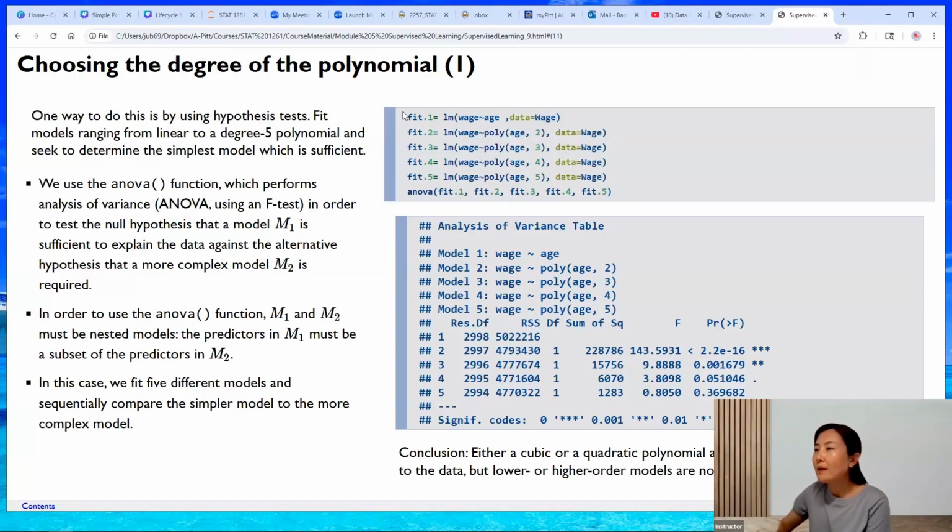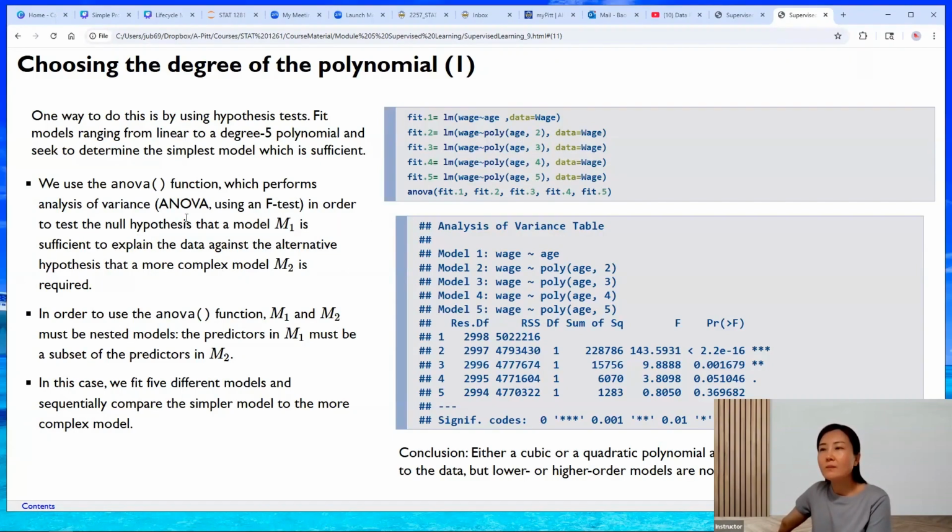For example, we can fit 5 models, starting from the simple linear regression model with only age, and then add age squared and then age cubed, until degree equals 5, x to the 5th.